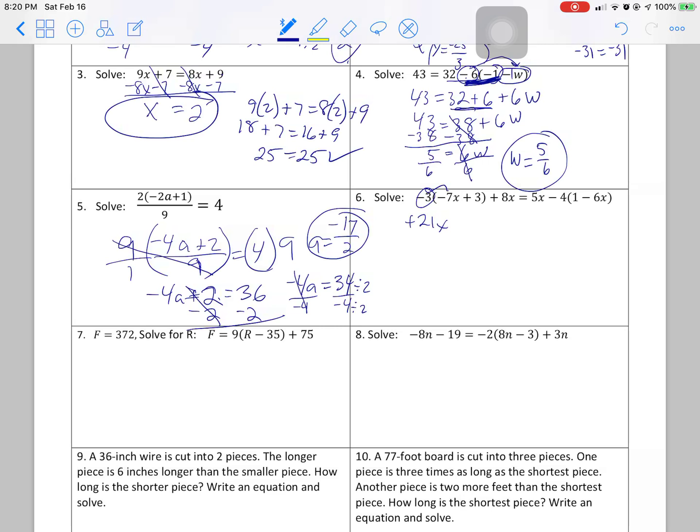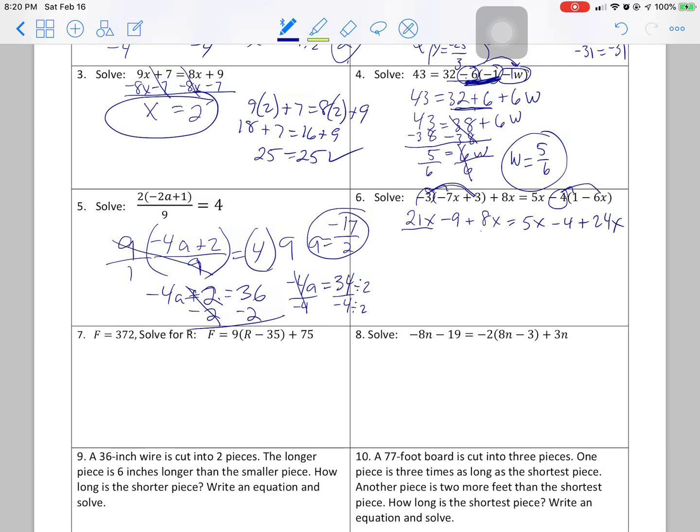21x. Let's try that again. 21x minus 9 plus 8x equals 5x minus 4 plus 24x.